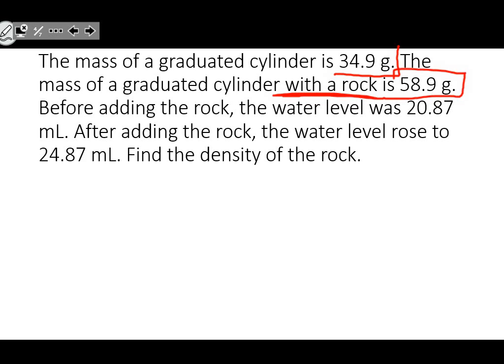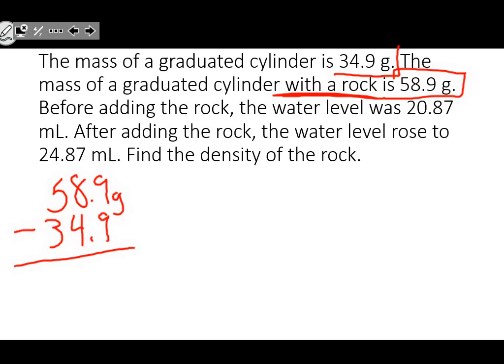So to find the mass of our rock, we take 58.9, our final mass, minus our initial mass. Okay. And that should give us 24 grams, right? Yep. All right, so we got our mass.